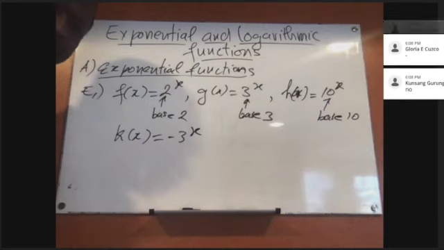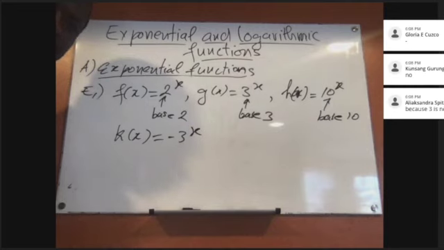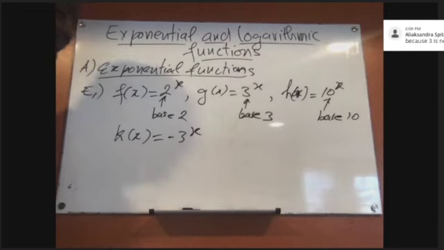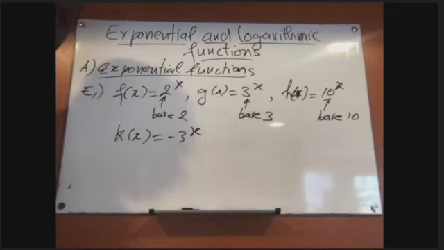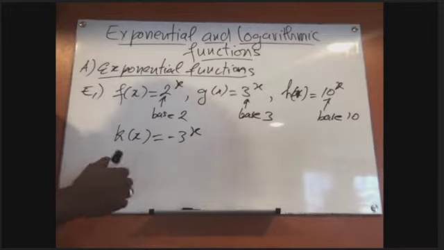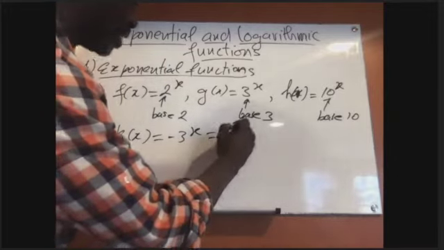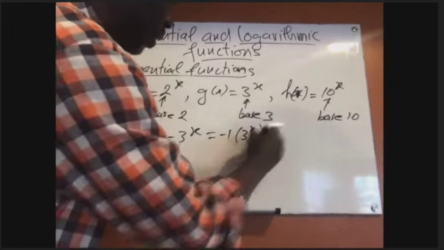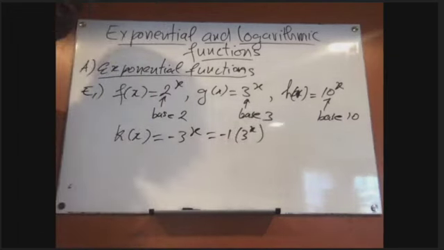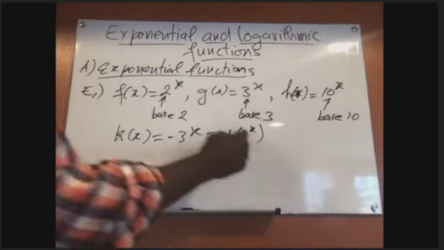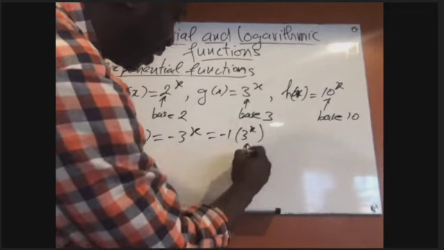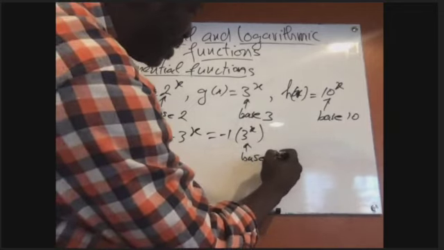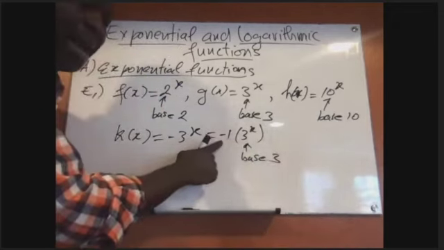Alexandra, can you hear me? Because a is negative, that's what you said. But if you are given this written as minus 1 times 3 to the x, it is still an exponential function. The base is still 3. It's been multiplied by a negative 1.